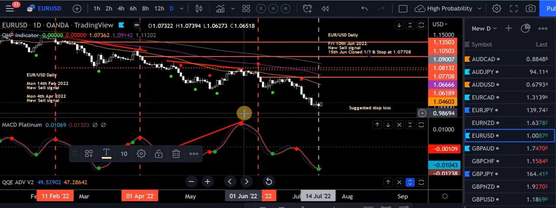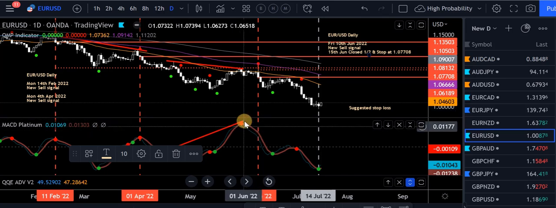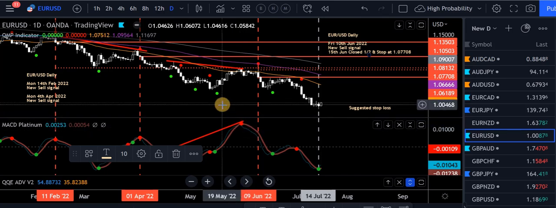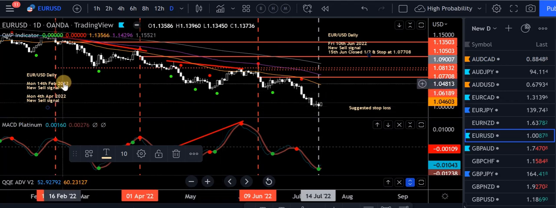It was brought up, and I did mention it in last week's video, the overnight swap rates, or the interest rates on the Euro USD.